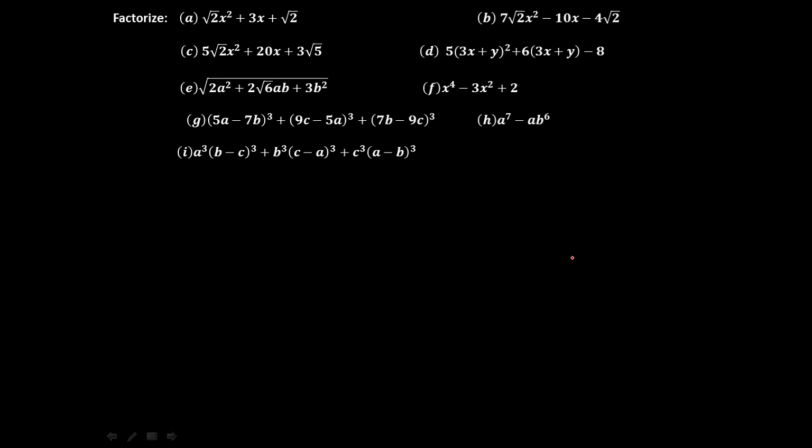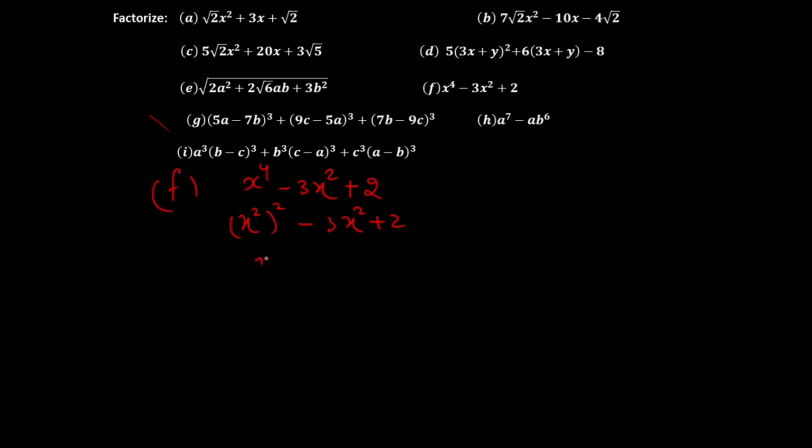Part F. In this part F, we have x power 4 minus 3x square plus 2. I can rewrite this x power 4 as x squared squared minus 3x squared plus 2.